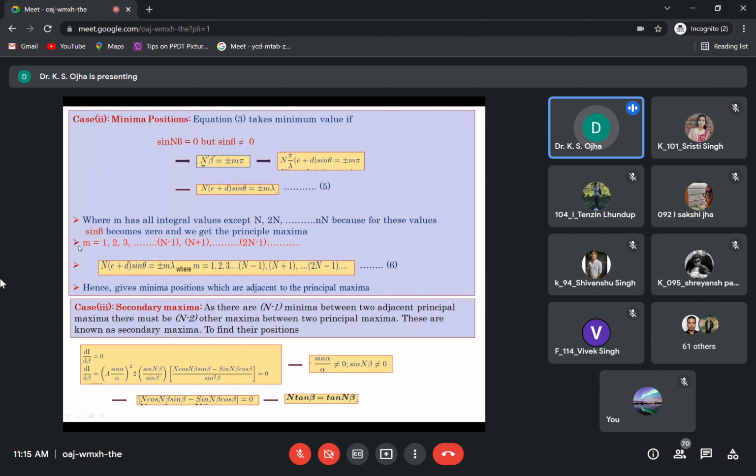It means m will be 1, 2, 3, up to n minus 1, then n plus 1, twice n minus 1, twice n plus 1 and so on. These values of m represent the position of minima. I have already written this in question 6. This is clear?